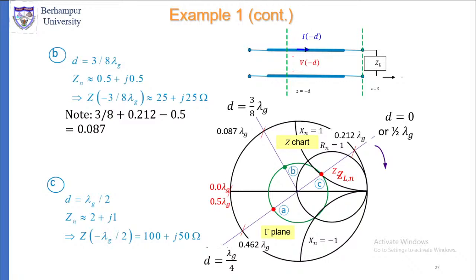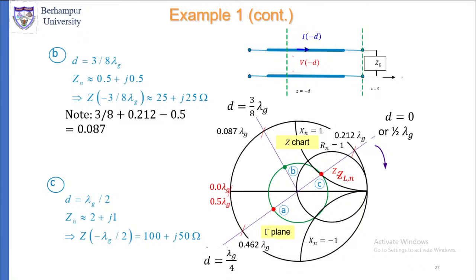You will see that the length of wavelength that you have traveled from the short circuit end is this much, 0.212 lambda g. So you start at 0.212 lambda g. From 0.212 lambda g we add 3 by 8 lambda g, because in the question we have to move 3 by 8 lambda g.